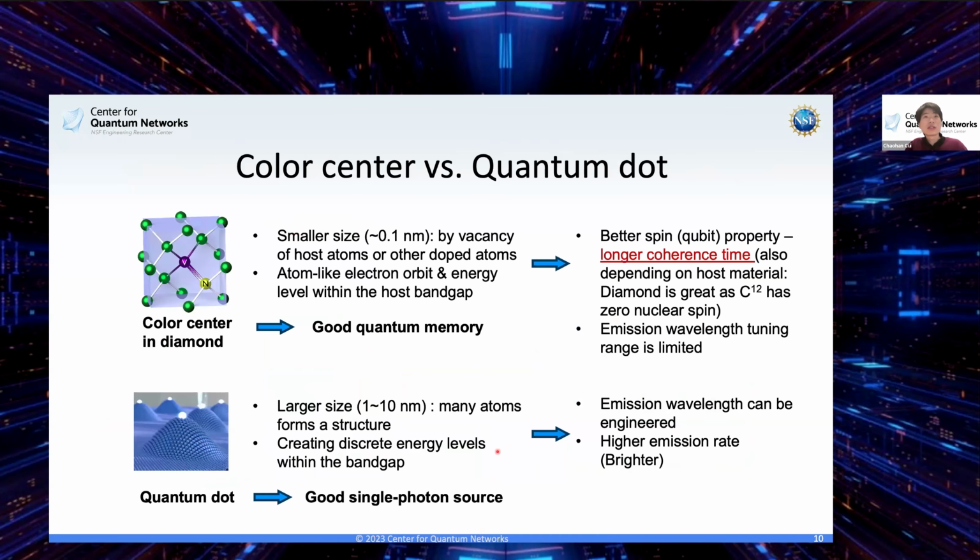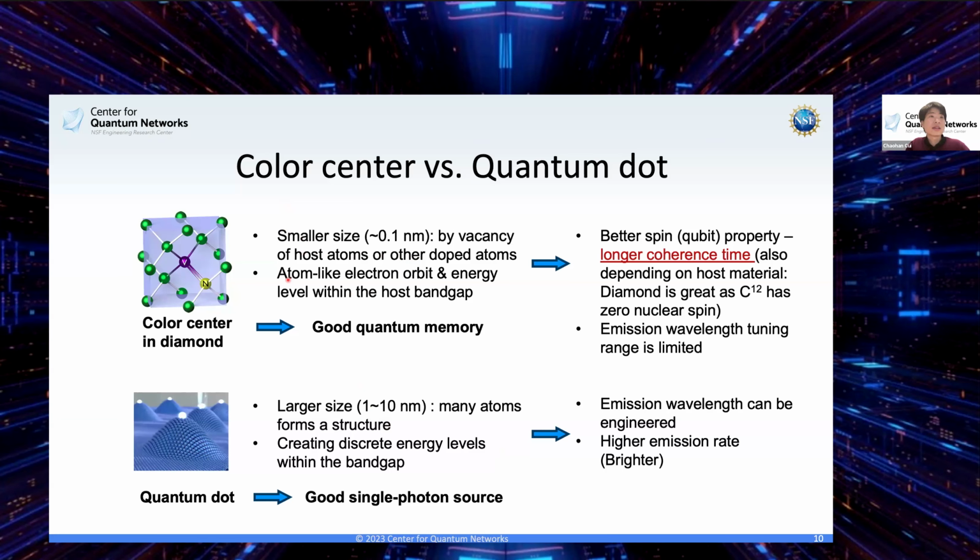Why do we need color centers if we already have really good engineering on quantum dots, and quantum dots are being used in many different areas? The issue is that quantum dots do not really have a long coherence time. Compare them to color centers, which have a smaller size because each is within one lattice.